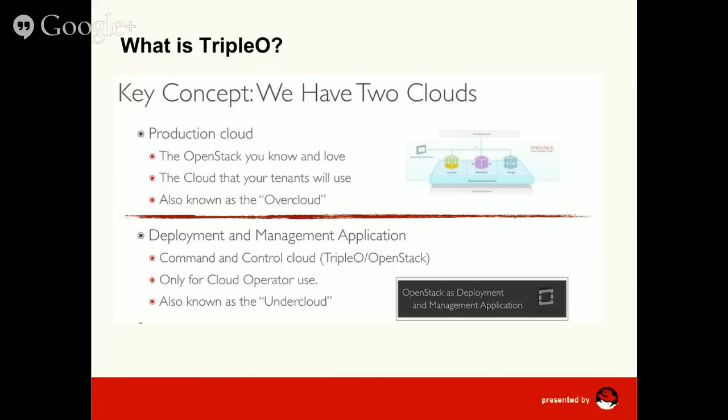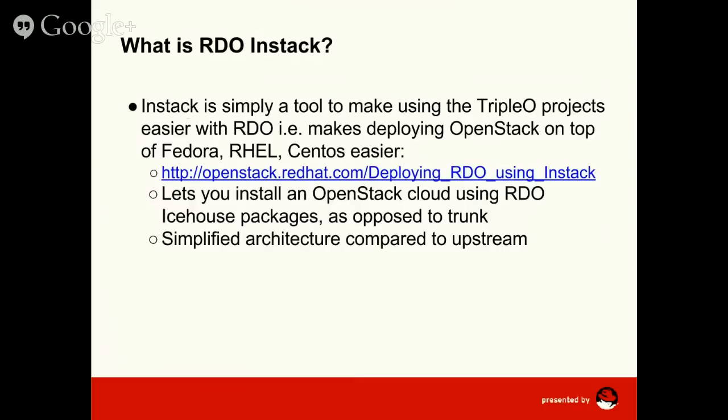So I've mentioned Instack at the lead off. So what is Instack? It's really just a tool to make using the TripleO projects easier on top of RDO. So it makes it easier to deploy OpenStack on top of Fedora, CentOS, and RHEL.